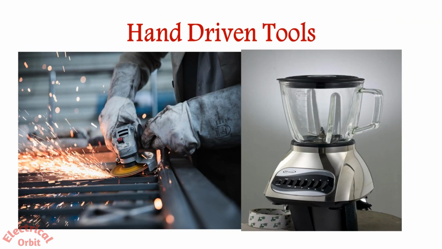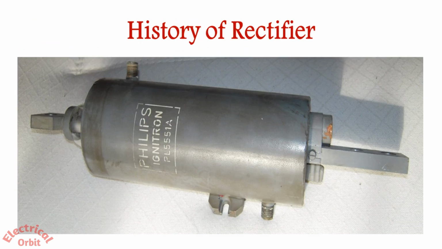In many hand driven tools like a grinder or a blender, a DC motor is used. So you need DC current to run these tools. That is another requirement for converting AC into DC. Now let us discuss the history of the rectifier.